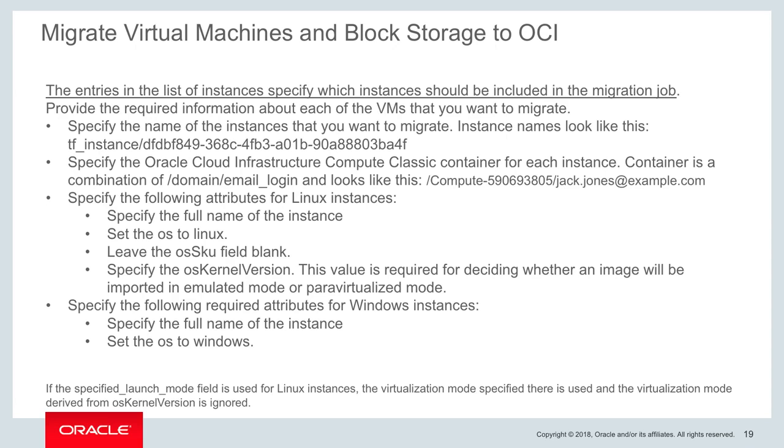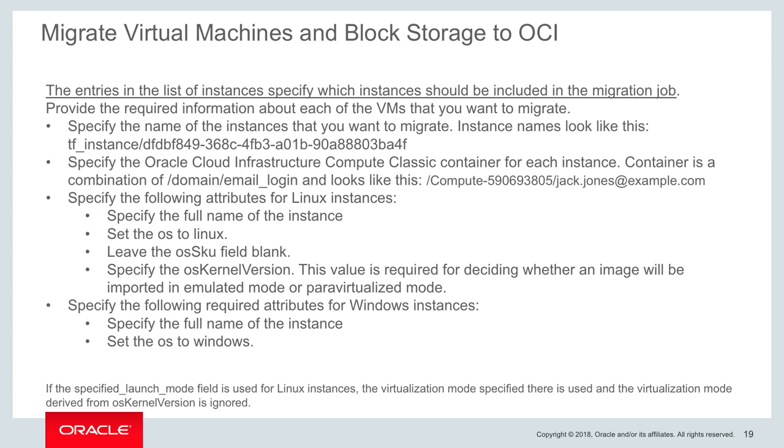It can be Linux or Windows. In the case of Linux instances, you leave the OS SKU parameter field blank, but you need to specify the OS kernel version parameter, and this value is required for deciding whether an image will be imported in emulated mode or para-virtualized mode in OCI.